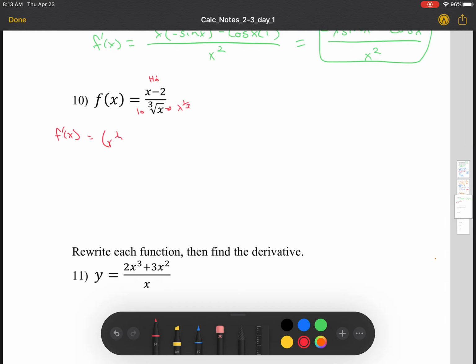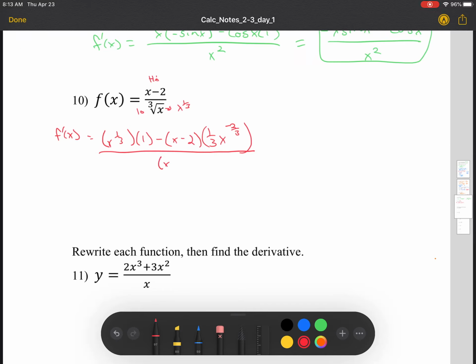F prime of x equals x to the 1/3 times 1 minus x minus 2, 1/3 x to the negative 2/3. Okay. Next line as we go. Simplifying.